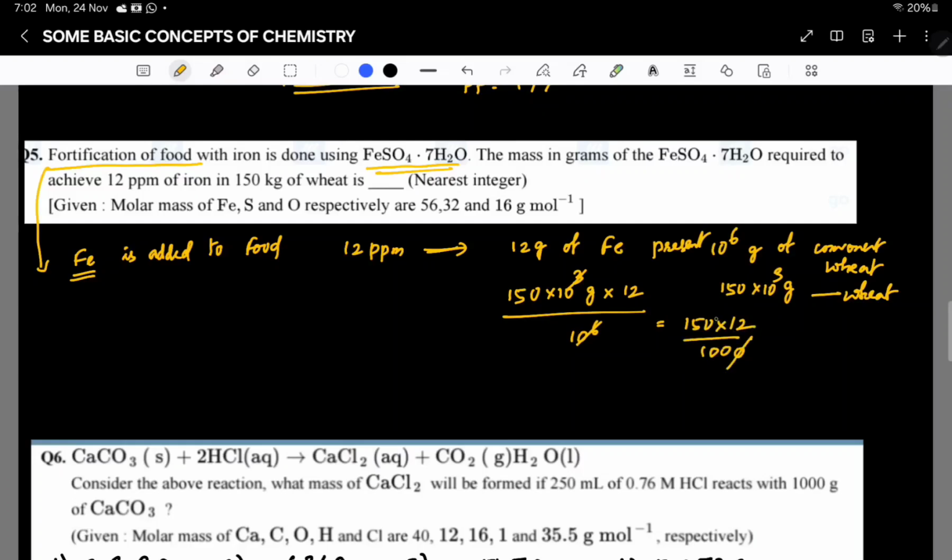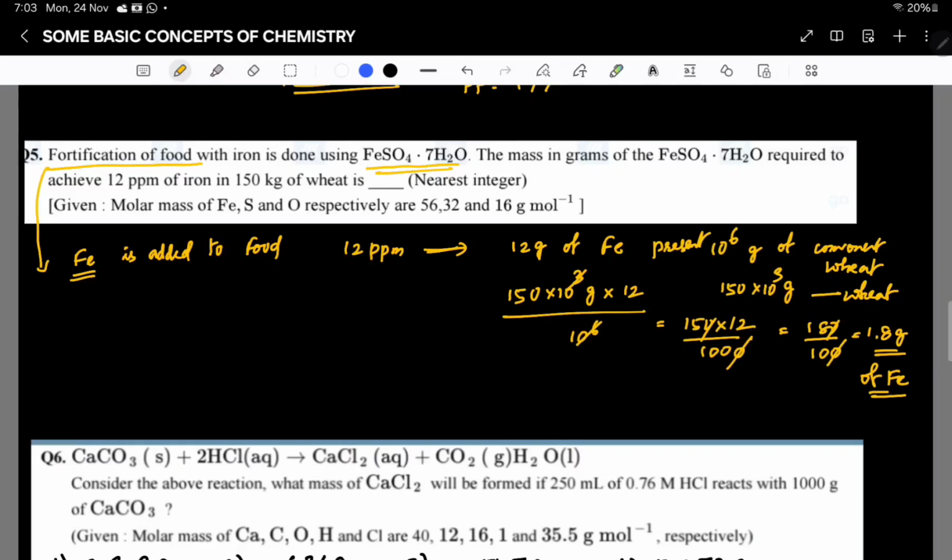Again we will cancel a 0. Now 12 into 15, that value will be 180, divided by 100, the 0 gets cancelled: 1.8 grams of iron, right? So 150 kilograms of wheat contains 1.8 grams of iron.